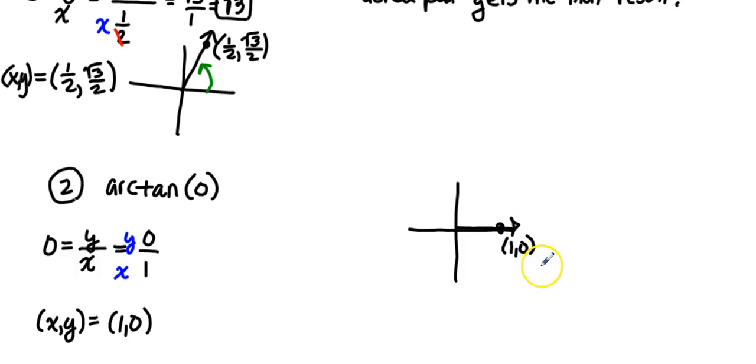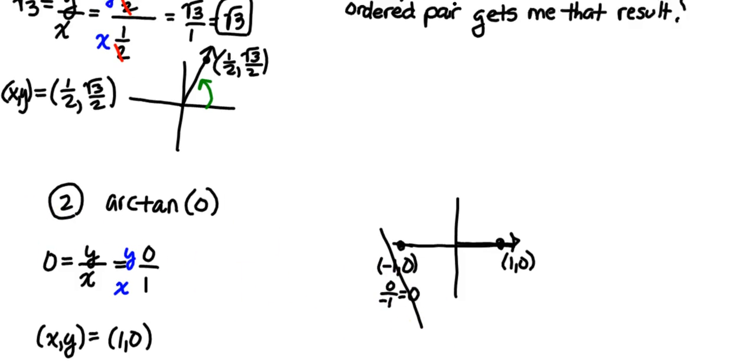How do I know this is my answer and I cannot come over here? Because technically, on the unit circle, this is negative 1 comma 0, and 0 divided by negative 1 is 0. So why not? Why can we not say that this is the right answer?